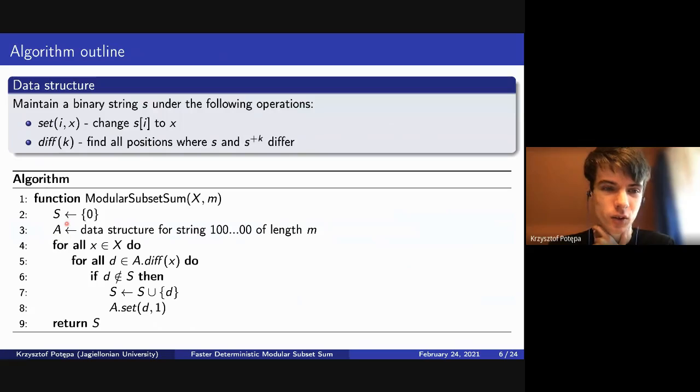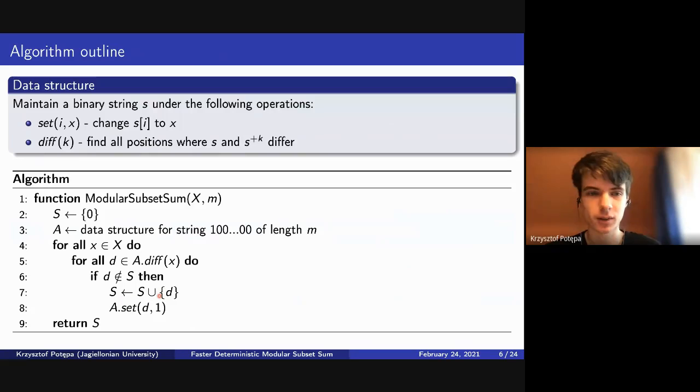A is the data structure built for the characteristic vector of the starting set S, so it's 1 and all zeros, because we have only 0 here. Then we iterate over elements. We find all positions where the characteristic vector and its shift by x to the right differ, add these elements to the set, and update our data structure.